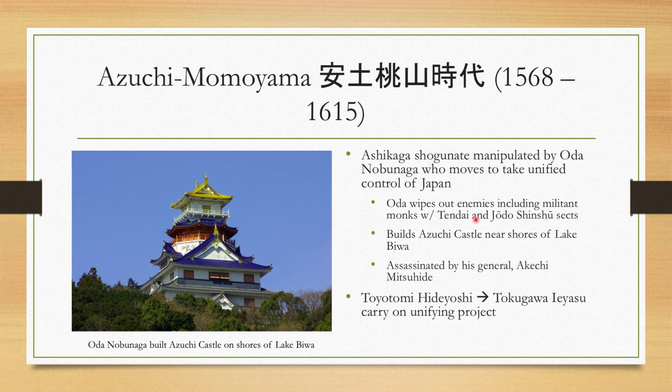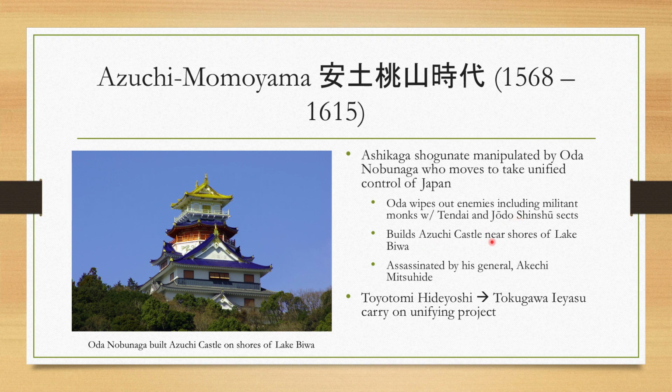Both of these were Buddhist groups, religious figures, but they held a lot of power and influence in the court, and especially Jodo Shinshu, as a very populous sect, had attracted a lot of average persons as followers and held on to large estates and large tracts of land, which were tax-free.